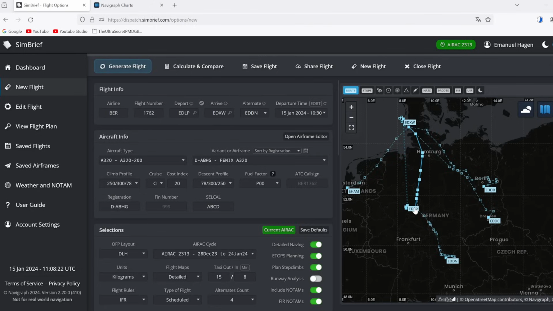So first of all, for what time do we need to plan our alternates? We plan to depart at 10:30 UTC. We've got approximately 1 hour flight time to Sylt, so we arrive at 11:30. Then we need to conduct a missed approach at the minimum and then divert along the scheduled route to our alternate aerodrome. So the closest ones are Amsterdam and Berlin, and those are approximately 45 minutes of flight time away.